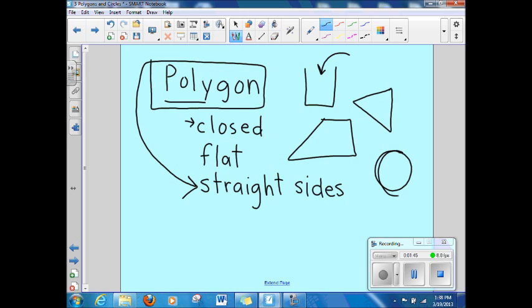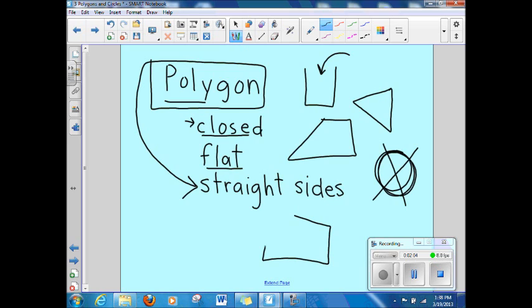This character right here must be that other thing that we talked about at the beginning on our first title card, called, of course, a circle. So a circle is not considered a polygon. It has to have straight sides. It has to be flat, and everything that I draw on this smartboard is going to be flat.